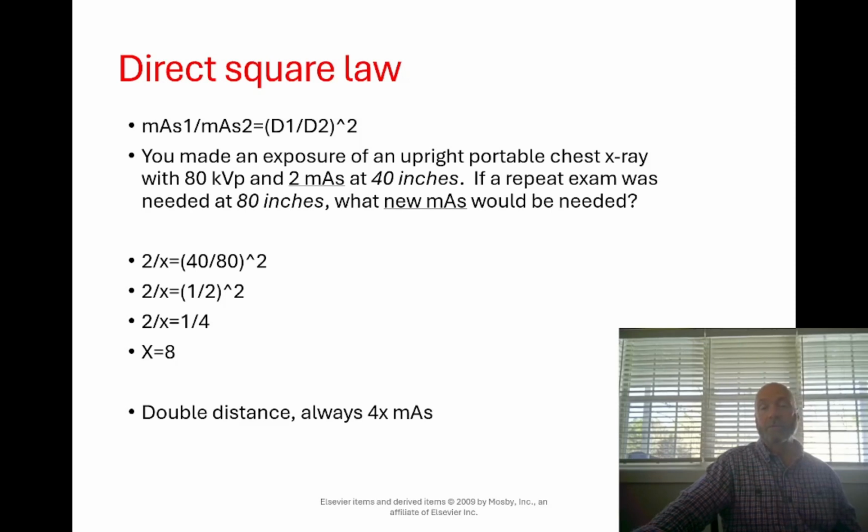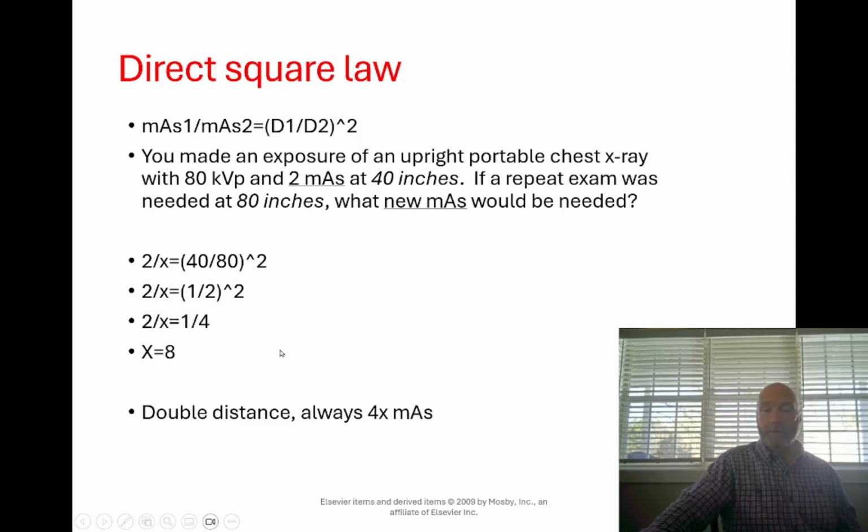Okay, so what that would be is the right answer to you applying the inverse square law to this question. I might also give you another answer that says 4 mass, which would be the right answer if you didn't have to square your direct square law.